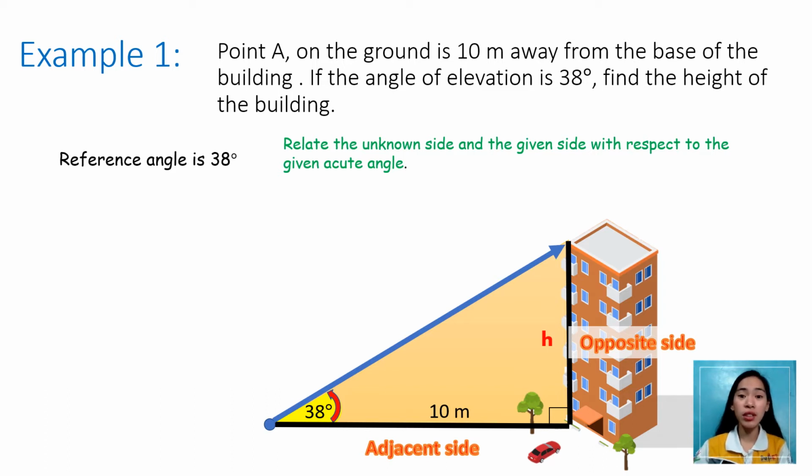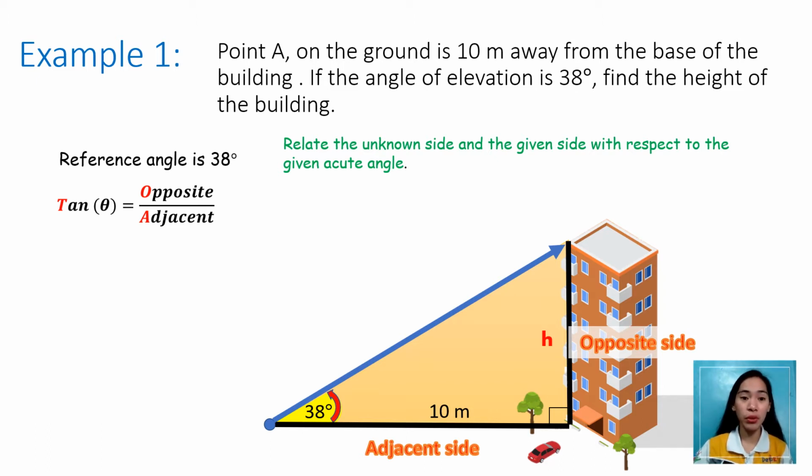So in the given illustration, the opposite side is given, and the adjacent side is also given. So what trigonometric ratio does an opposite and adjacent side have? Very good, that is tangent. So TOA, right? Tangent theta is equal to opposite side over adjacent side.